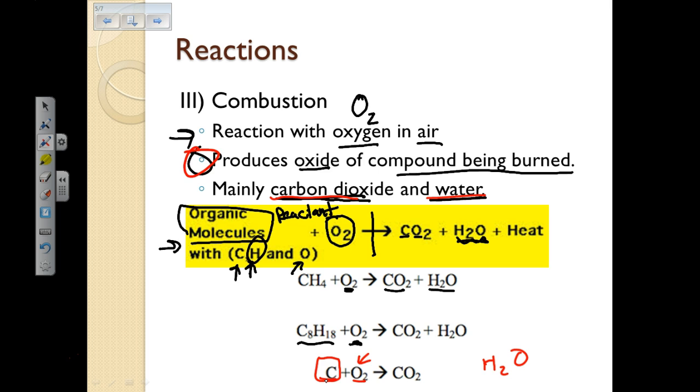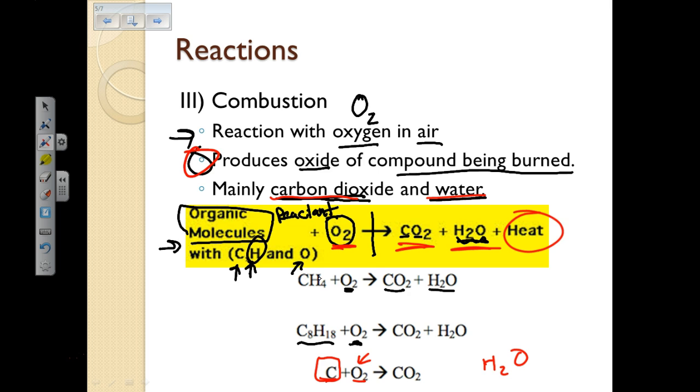Every once in a while you'll see a reaction where you don't have hydrogen in it, or you may not have carbon in it, or you may not have either of them in it, and you have to form the oxide compound of those reactants. Okay, so that is combustion reactions, primarily oxygen gives us carbon dioxide and water.